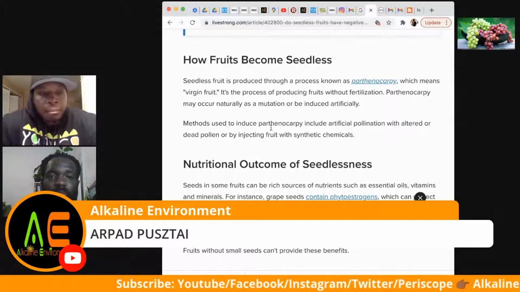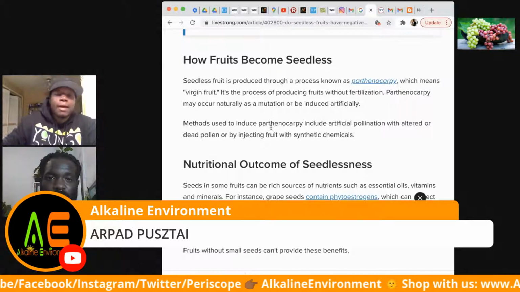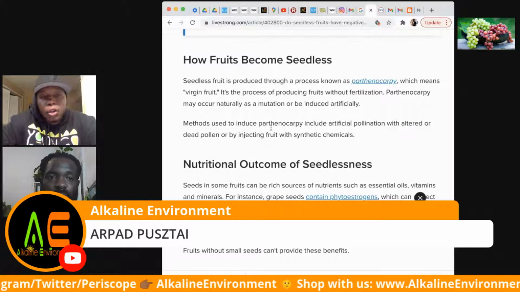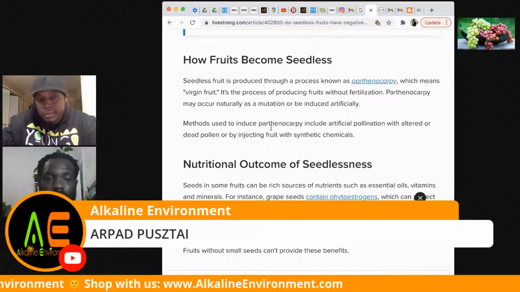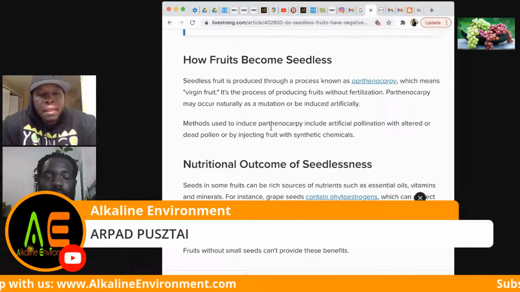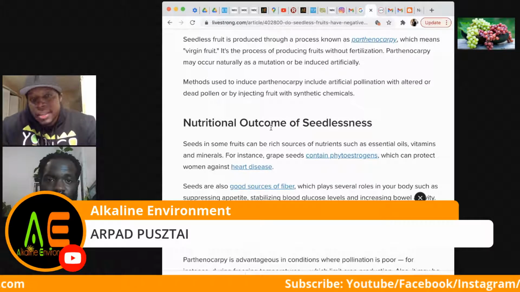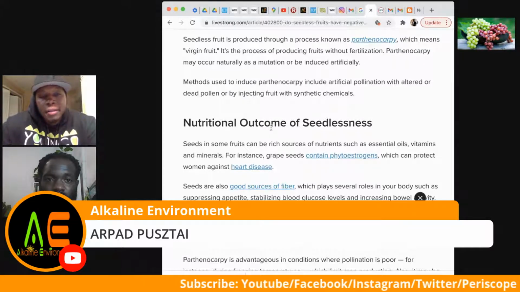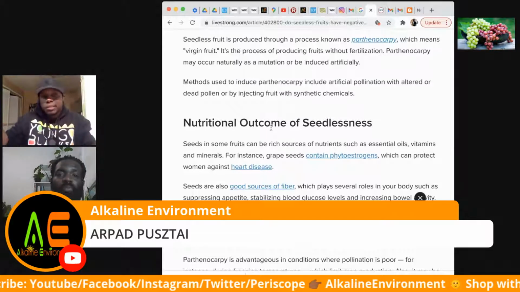It's the process of producing fruits without fertilization, like I was saying. Parthenocarpy may occur naturally as a mutation or be induced artificially, so it can be either or. Methods used to induce parthenocarpy include artificial pollination with altered or dead pollen, or injecting fruit with synthetic chemicals. So it's a toss-up.